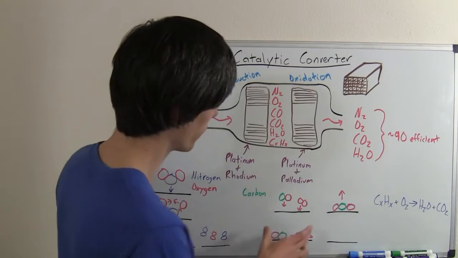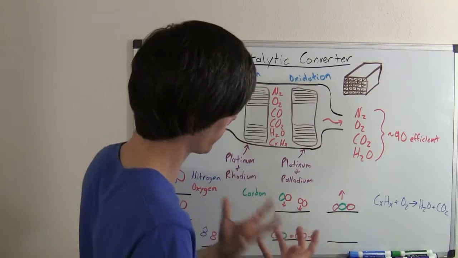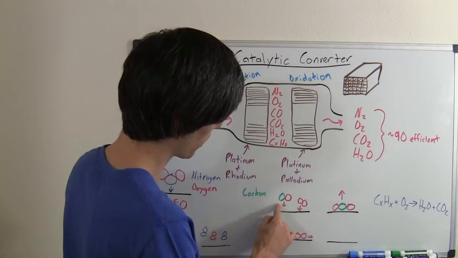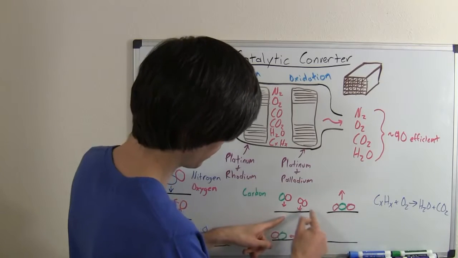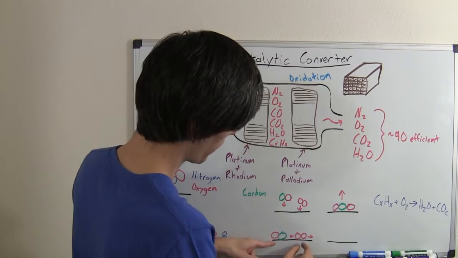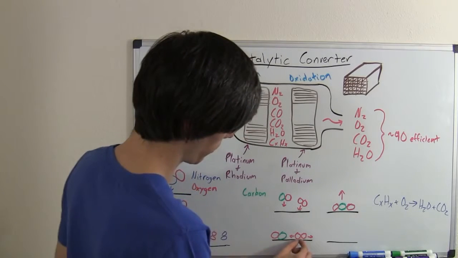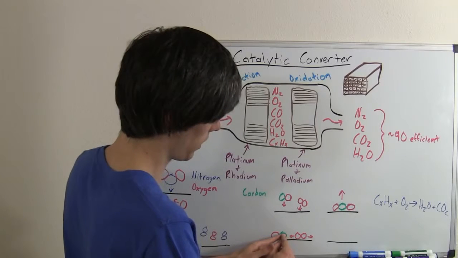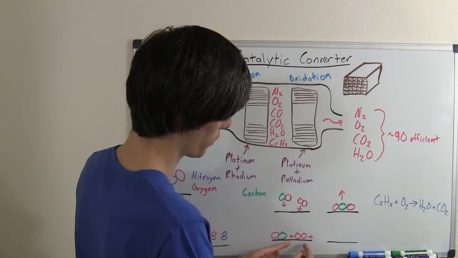What happens in here is the catalyst surface wants to bond with oxygens. So the carbon monoxide and the oxygen molecules will come and bond with this surface. Once the oxygen molecules bond with this surface, they'll split up. When they split up, the bond with the carbon monoxide is stronger than just by themselves.